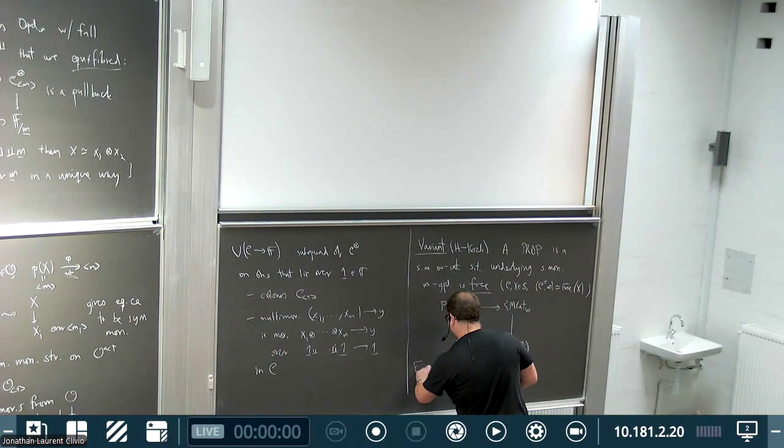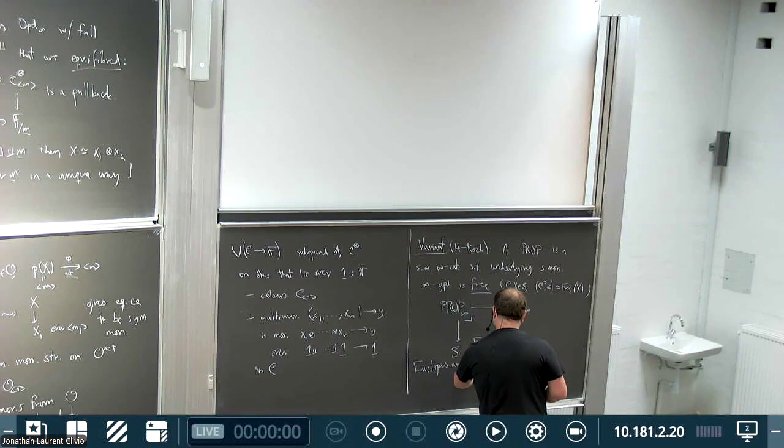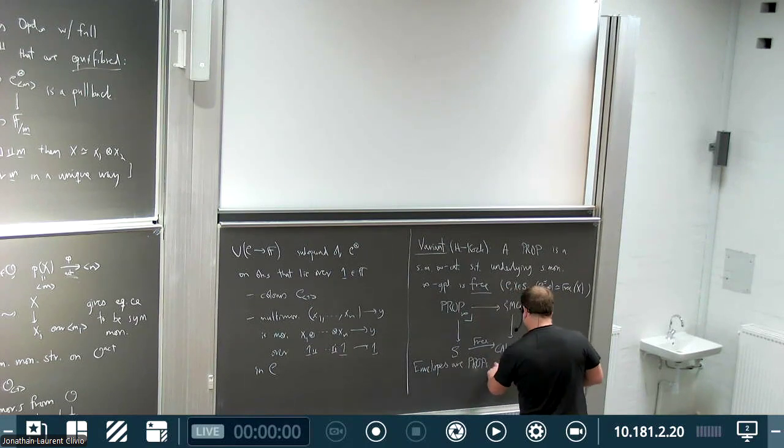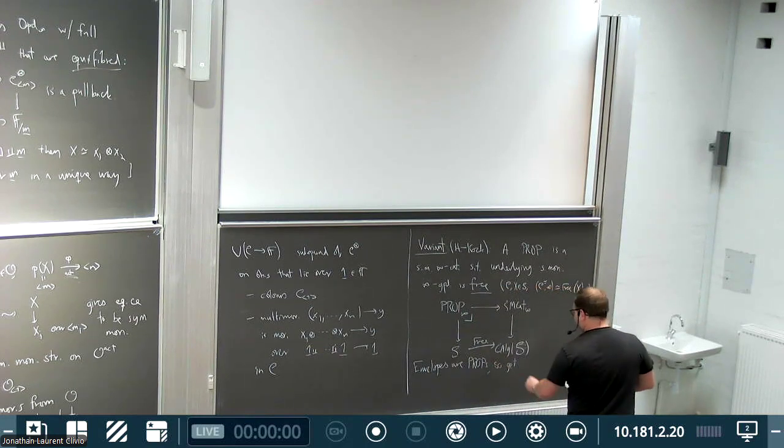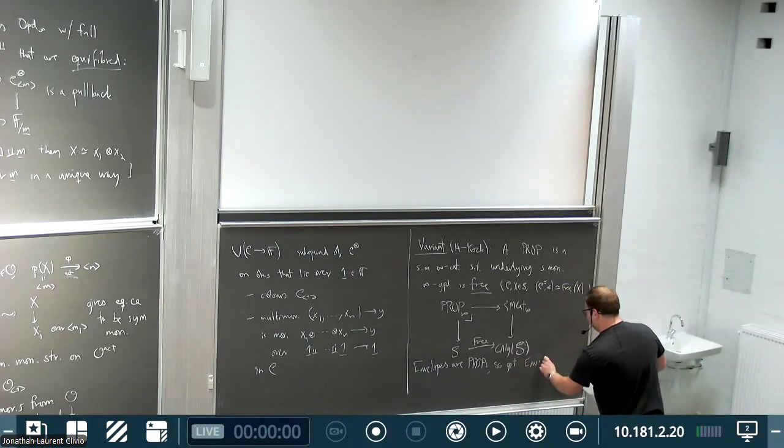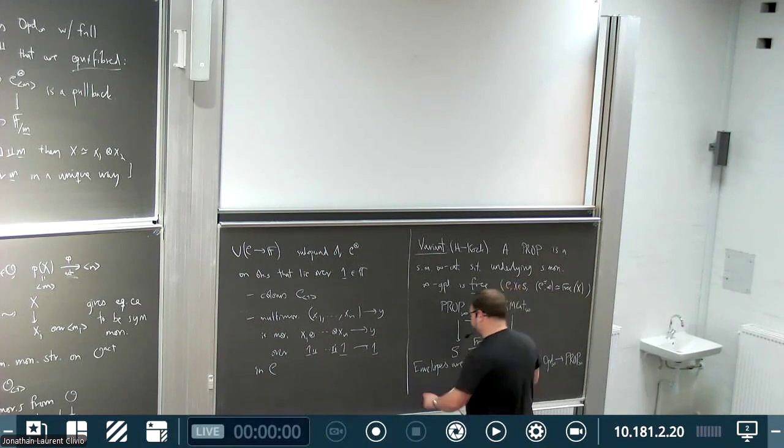So envelopes are always props. So we get the envelope functor, and we can make the envelope functor into a functor from infinity operads to props. And this is also fully faithful.